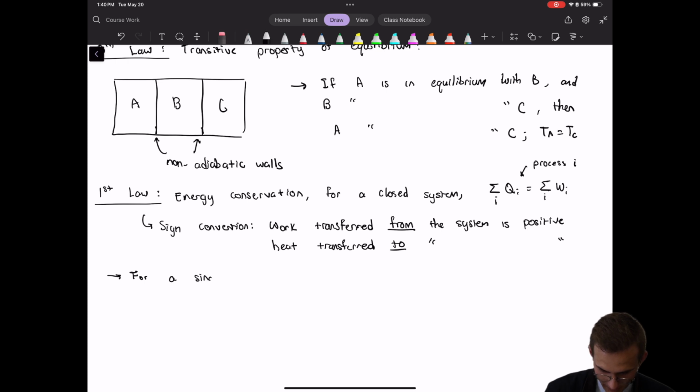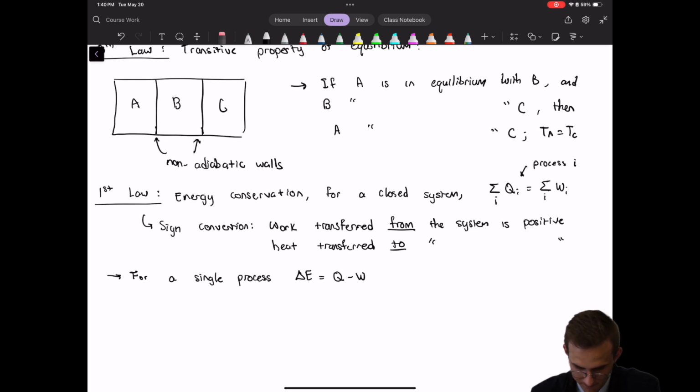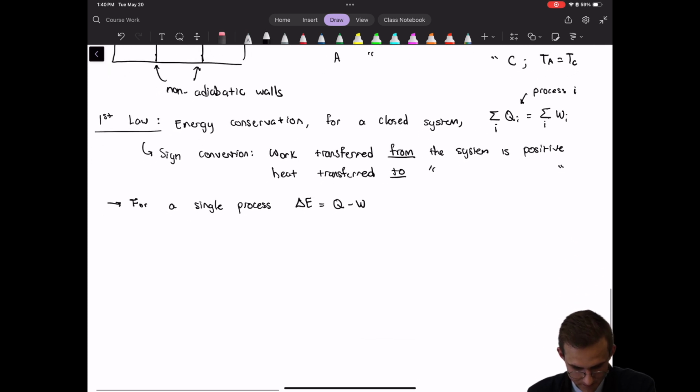What you might write for a single process is that delta E is equal to Q minus W. Okay. So what is this capital E here? Capital E is total energy.